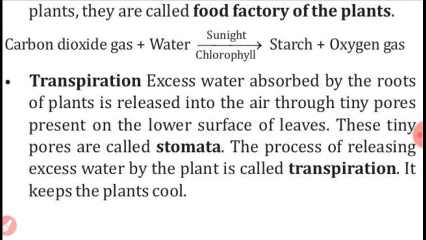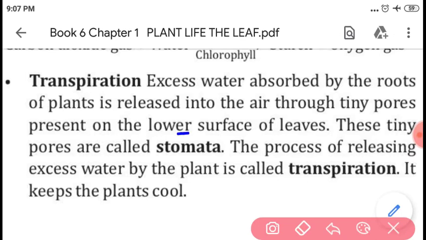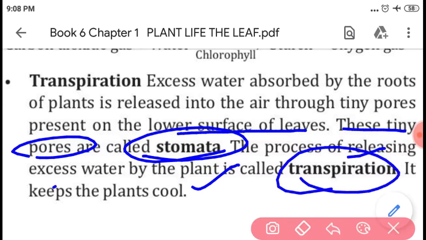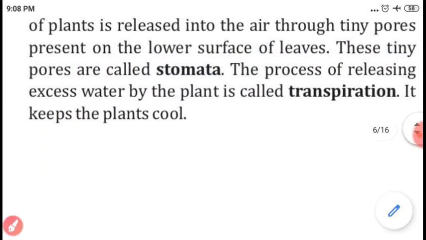On the lower surface of the leaves, some tiny pores are present. These tiny pores are known as stomata, and by these stomata, the excess water which is present in the plant is released out. This process is known as transpiration, and by transpiration the plant keeps itself cool.